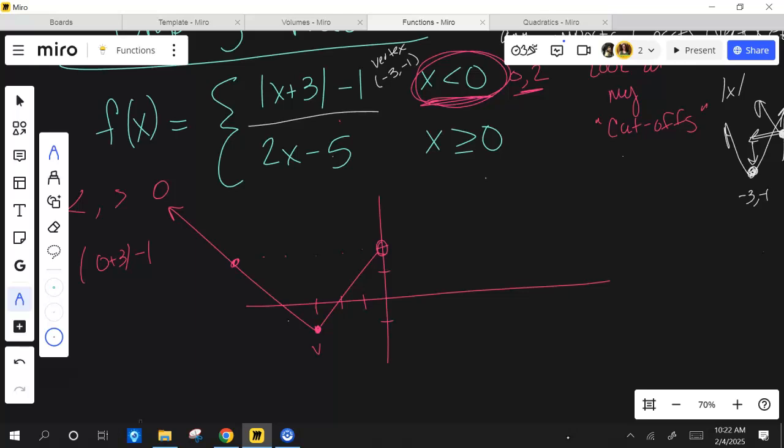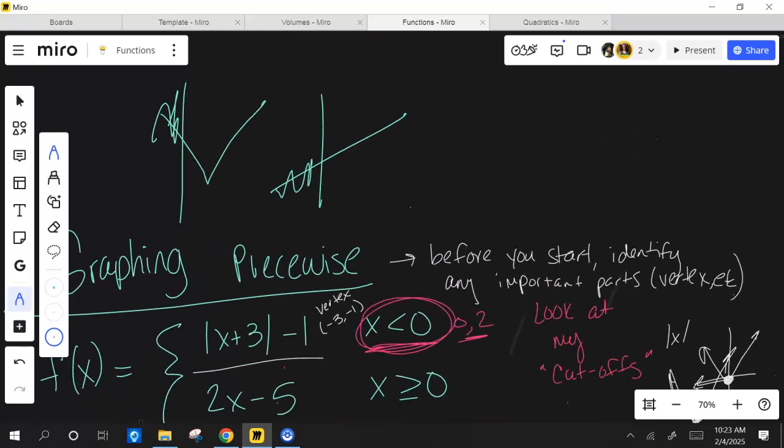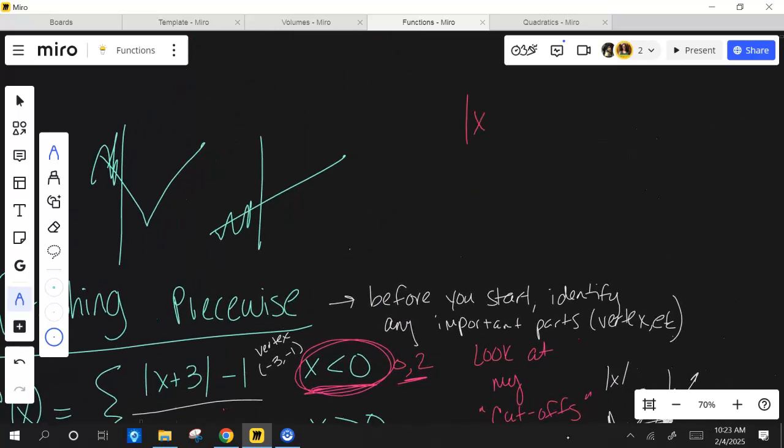All right, listen guys, this is not easy and I need you with me. The only point that is possibly open is the point where it's cut off. This graph, the absolute value of x plus 3 minus 1, looks like this: -3, -1 here, and it does this.